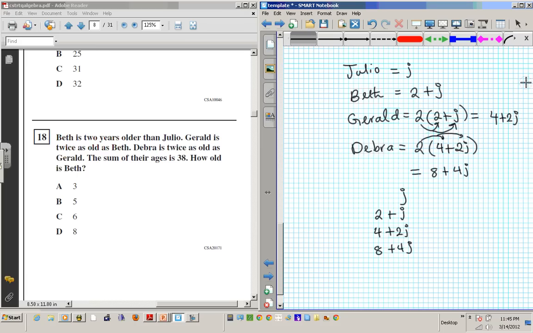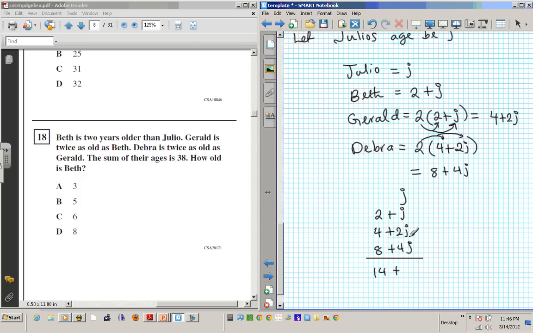That will give me the sum of the ages. I get 14 plus 8J, and this sum of all these ages is equal to 38.